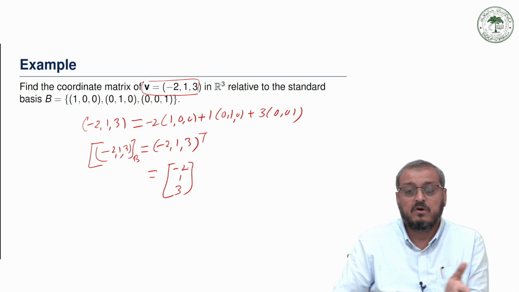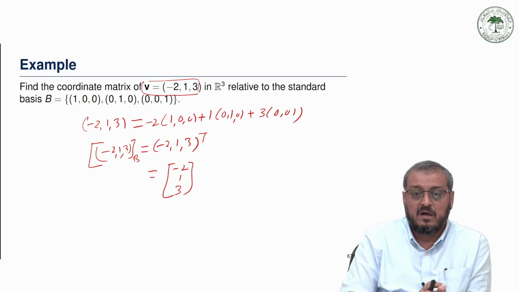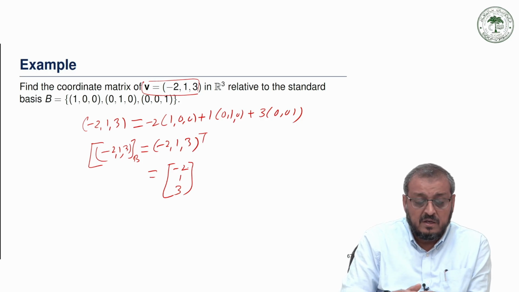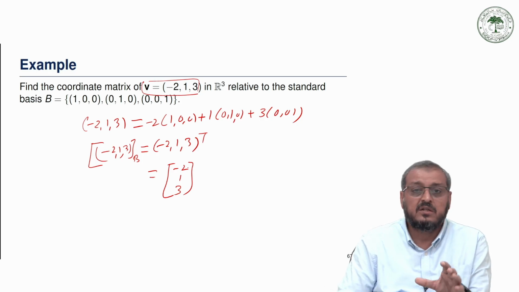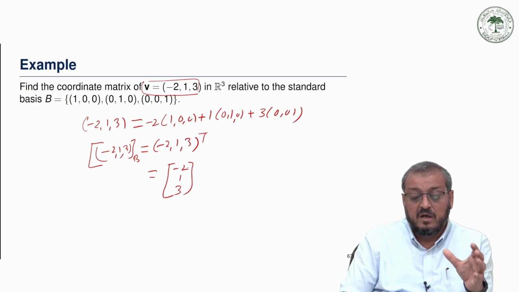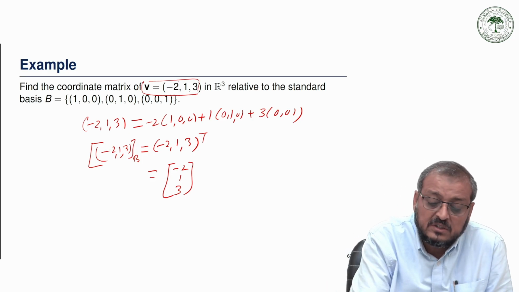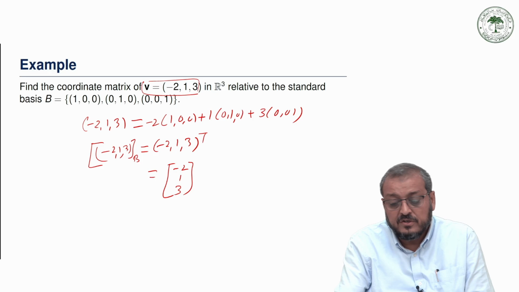Because if we have the standard basis, then the coordinate vector can be collected as it is, since the vector can be written as a linear combination of these basis vectors.